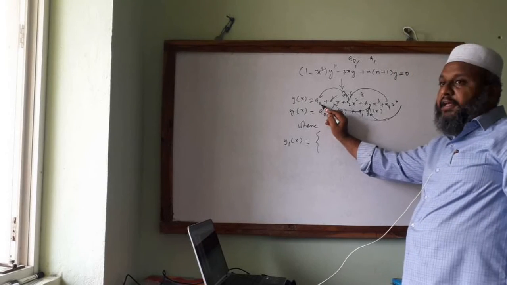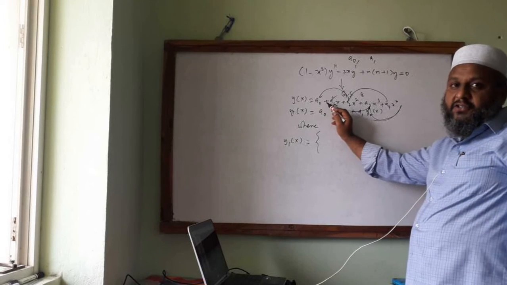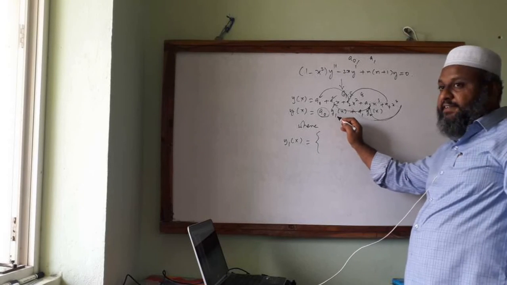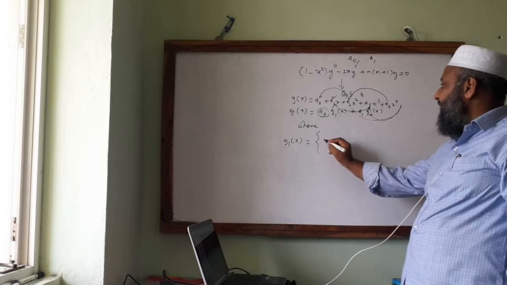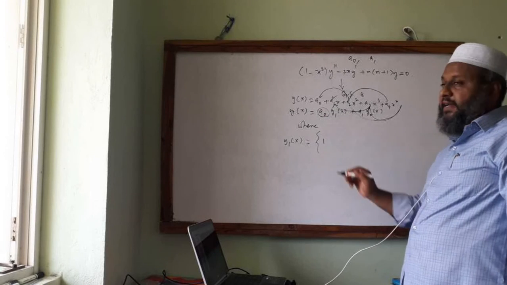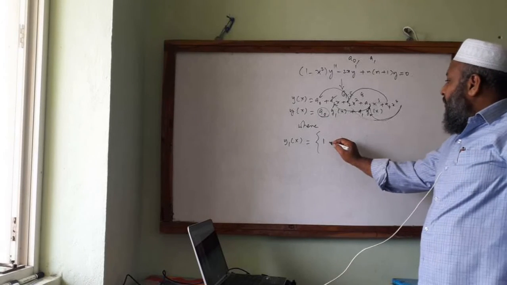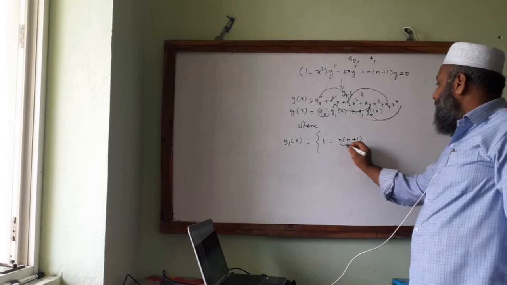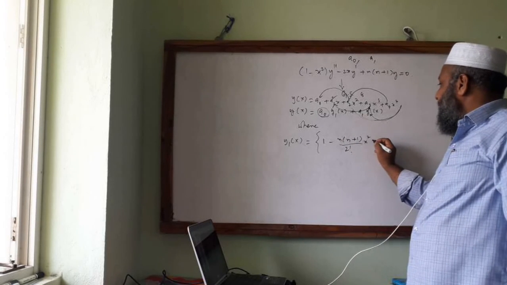So when a0 is taken common and a2 depends on a0, a0 is outside, so that a0 is written. That function y1 of x now will be 1, because a0 is taken common, minus n into n plus 1 by 2 factorial into x square.